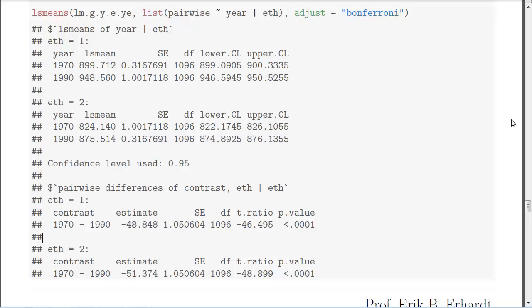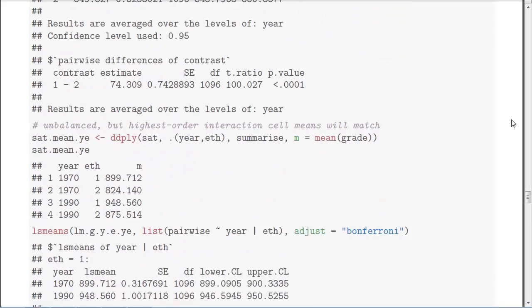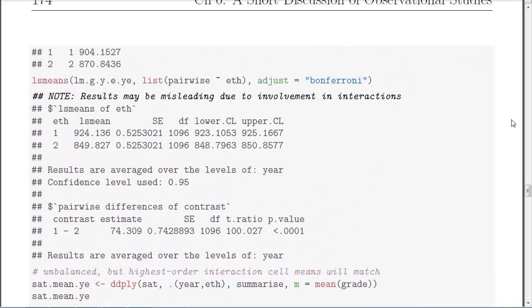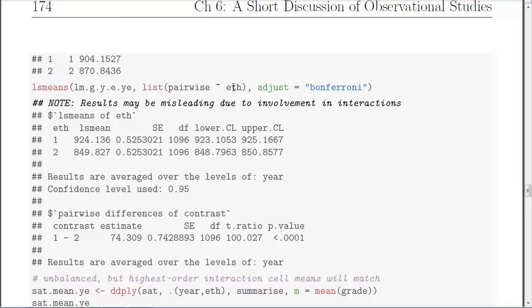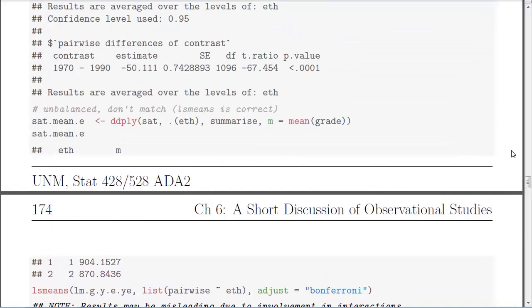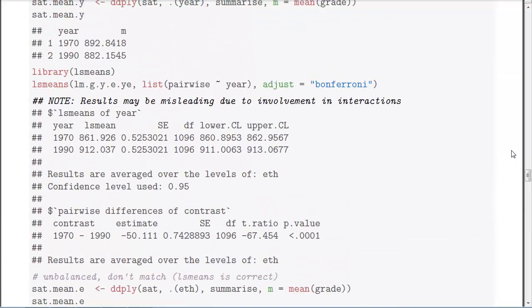Because there was no interaction, if I scroll back up, we can look at the LS means just by ethnicity. There's a difference between ethnicities of 74 points. But more interestingly, by year, the difference in years was about 50 points for each ethnicity.